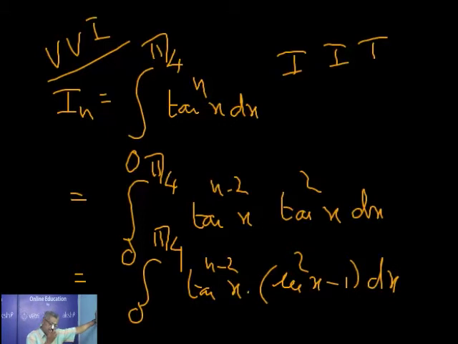Because secant square x minus tan square x is 1, therefore tan square x I am replacing by secant square x minus 1. Now see here, we are reducing this into two integrals, in which the first integral gives this product tan x power n minus 2 secant square x. In the second integral, tan x power n minus 2 into minus 1.